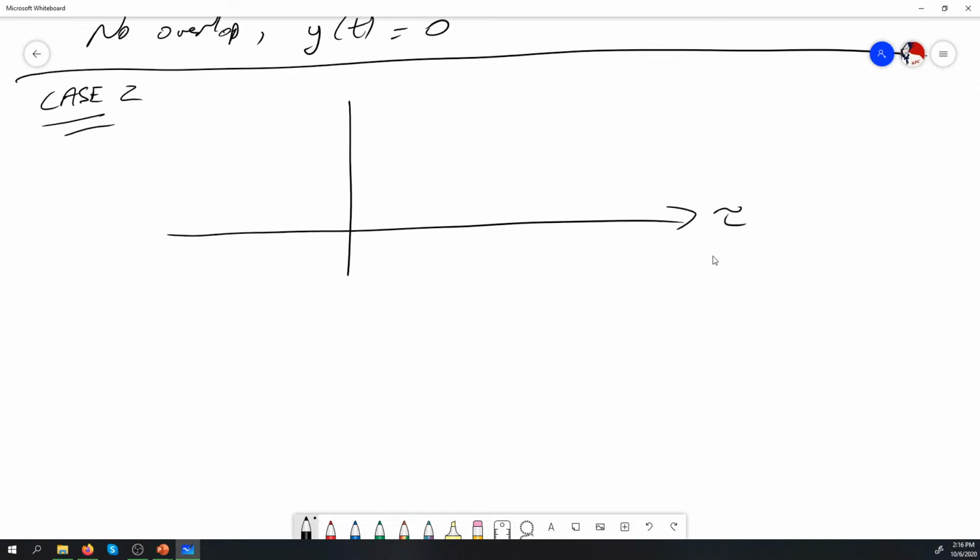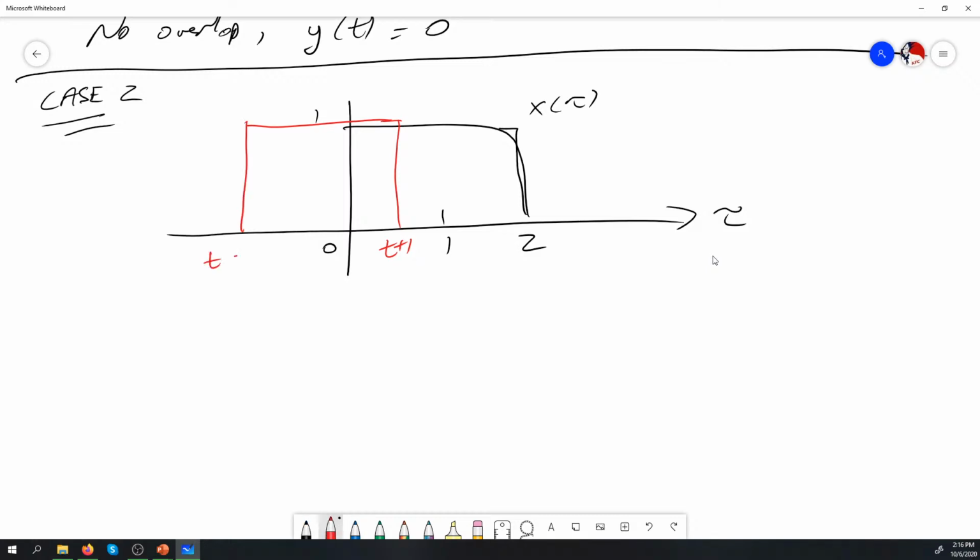So we draw axes again, draw the x of tau signal, and now we draw our h of t minus tau signal here. And we can see that where the two signals overlap, it will be in this green shaded region here.